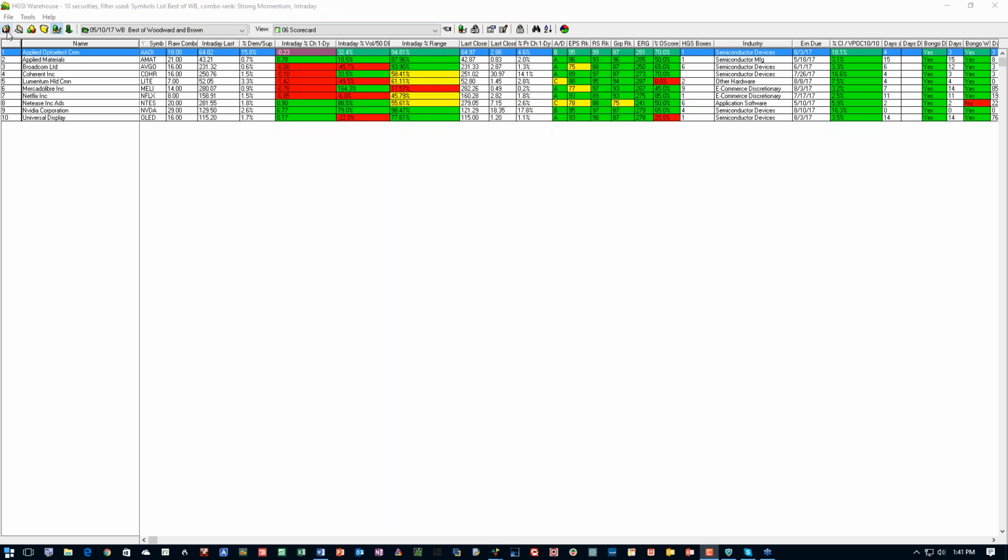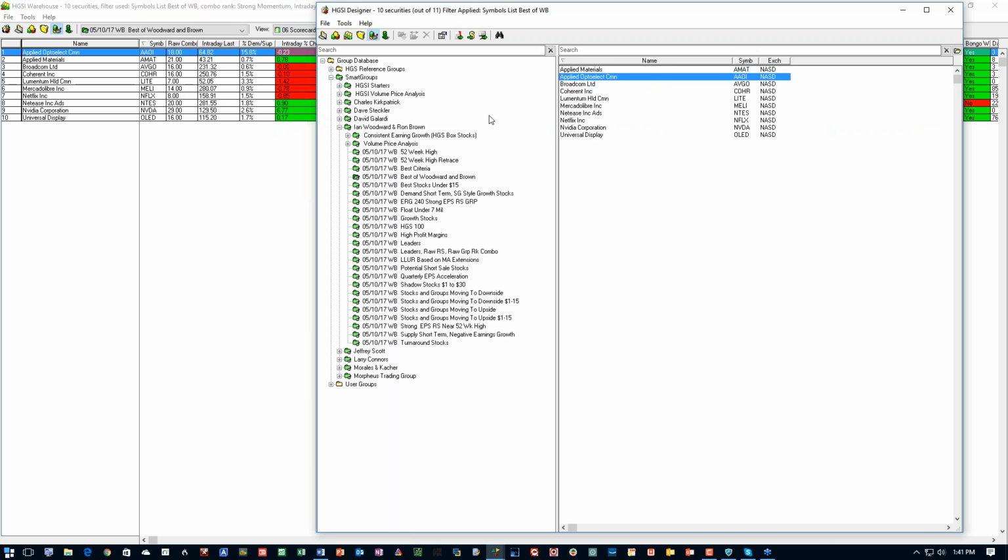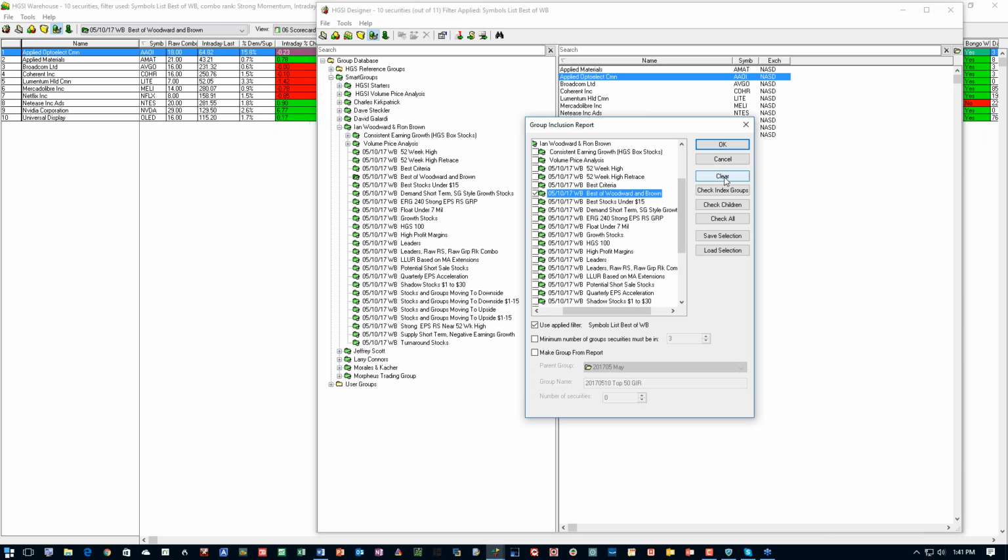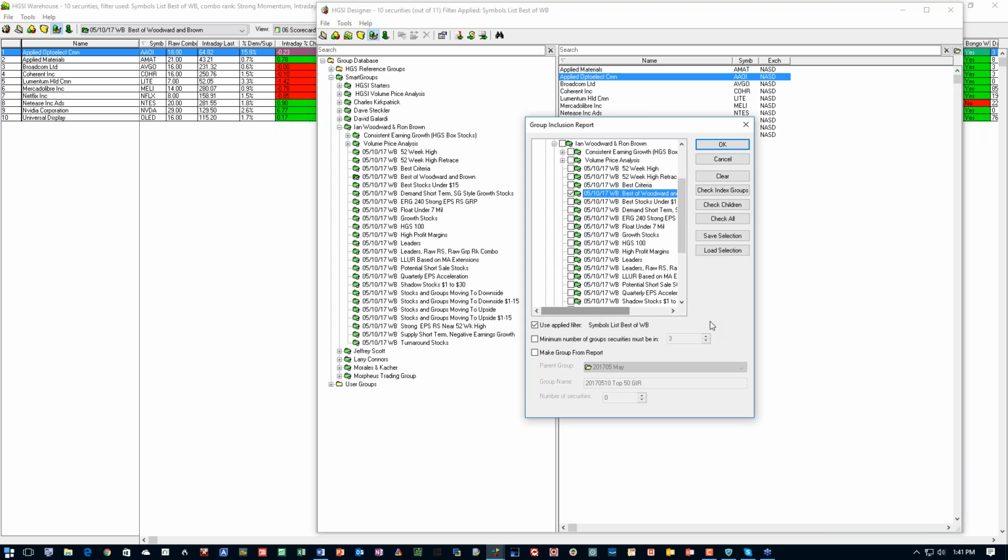And now I'm going to go into the designer, and I'll click on the group inclusion report. I'm going to see how many other times this has appeared in the best of Woodward and Brown in 2017. So I'll clear this, and I'm using this filter.